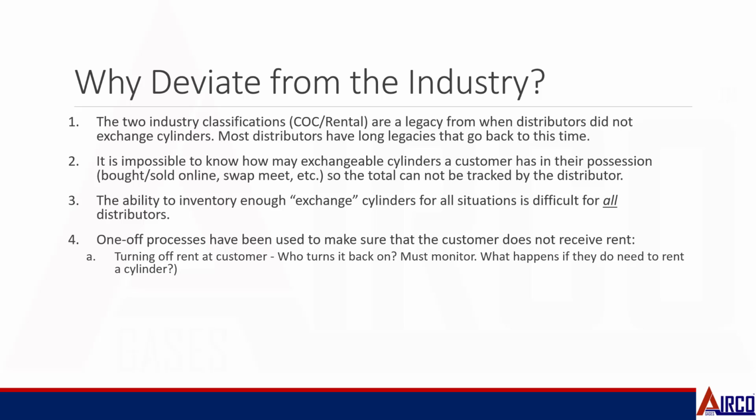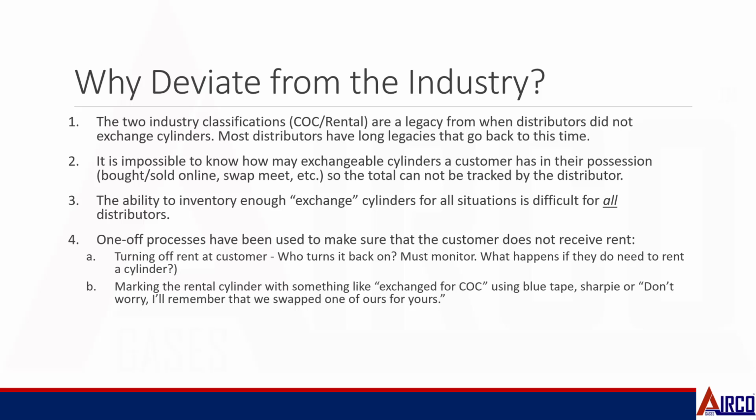It's quite easy to make a mistake here. It's quite easy to lose money here. Marking a rental cylinder with something like exchange for COC. You're using blue tape or Sharpie. Or you've got the branch guy saying, hey, don't worry, I remember that we swapped one of ours for yours. That's, once again, manual. It's open for error.